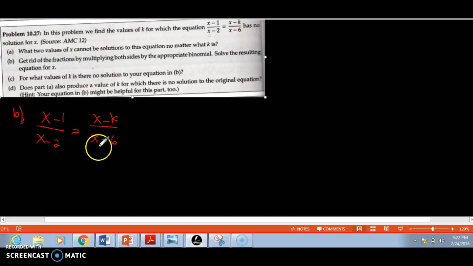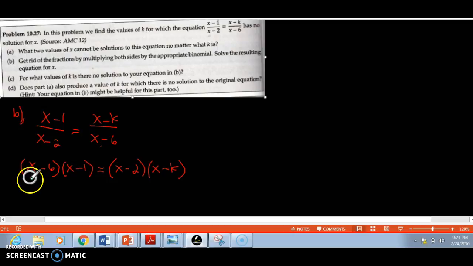So denominator times numerator, you would have x minus 6 times x minus 1 is equal to this denominator times that numerator, so you would have x minus 2 times x minus k. Alright, so we will multiply this binomial right here. We multiply each term to each and every term on the same side of the equal sign.